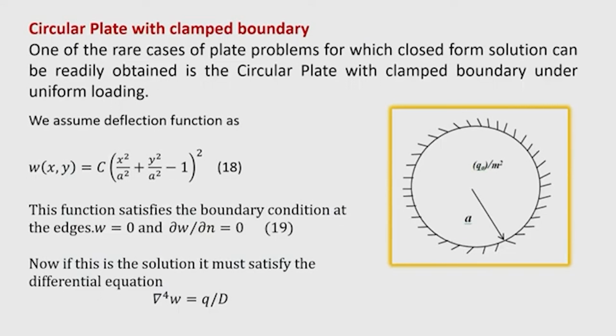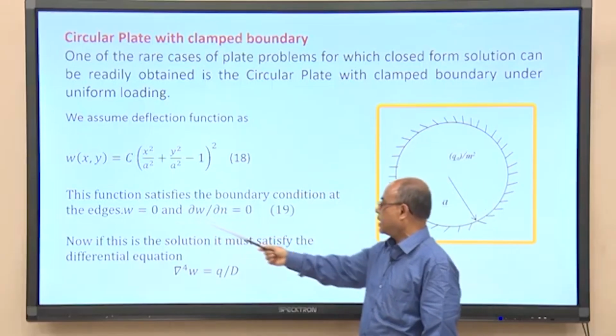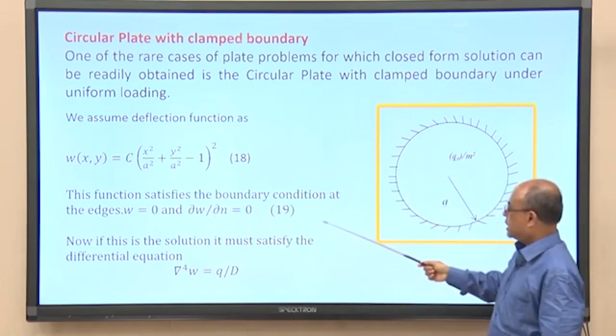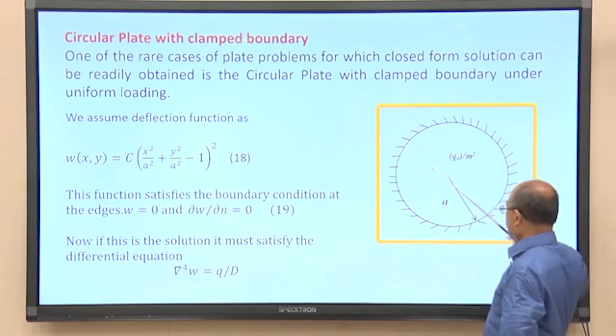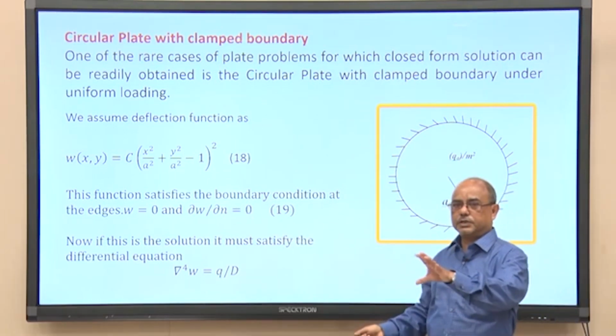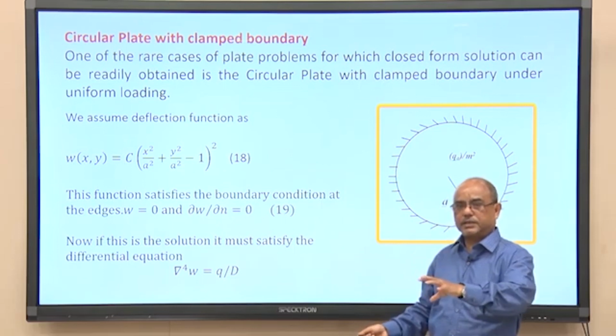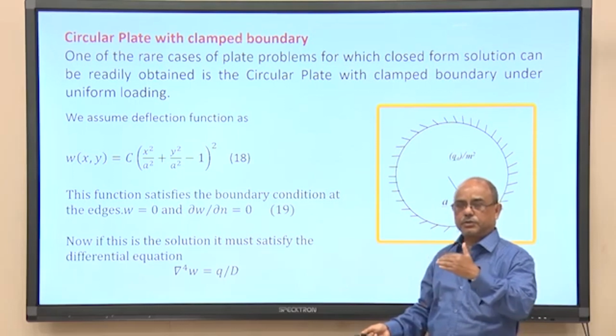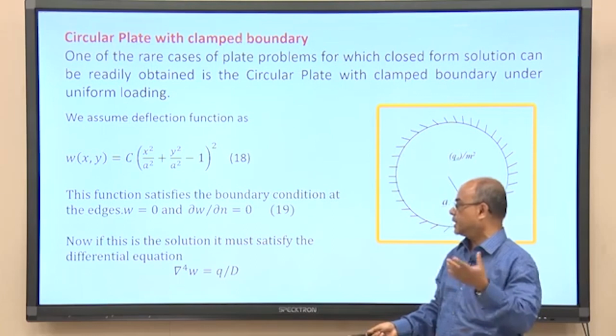At the fixed edges, the deflection is 0 and the slope is 0. Because this is a curved edge, I take the slope with respect to the normal direction, del n, and this can be decomposed into Cartesian coordinate slopes also, as we have seen, if the angle of inclination with the original x axis is known. That derivation I have done in my earlier classes.